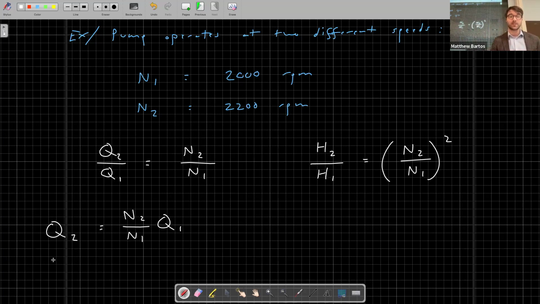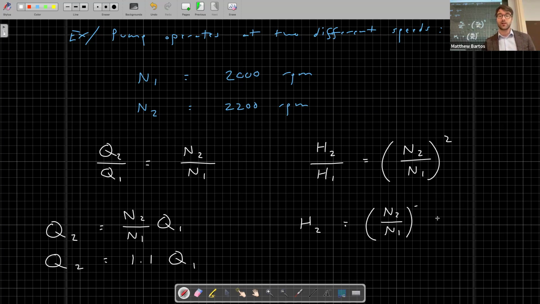If we evaluate this ratio, we get that Q2 is equal to 1.1 times Q1. Similarly, for the pump heads, we have that H2 is equal to N2 divided by N1 squared times H1. If we evaluate this ratio and square it, we get that H2 is equal to 1.21 times H1.